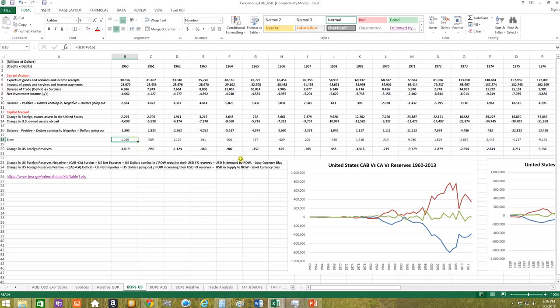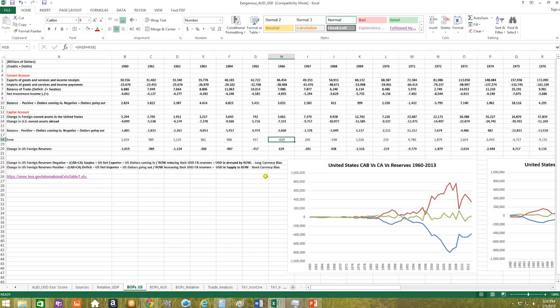Now, let's think of this in reverse, where the error is actually negative. So if we look at column H, for example, and we have a negative value here, well, this means that there are more dollars being shipped out of the United States.